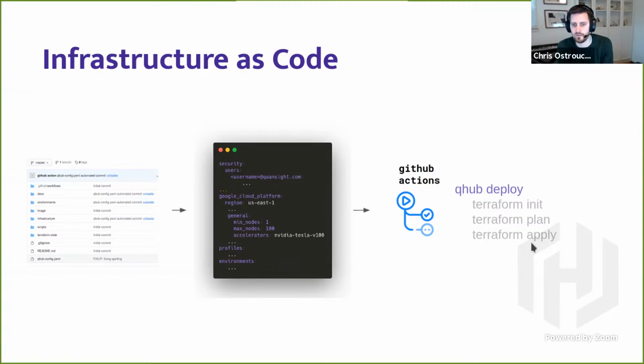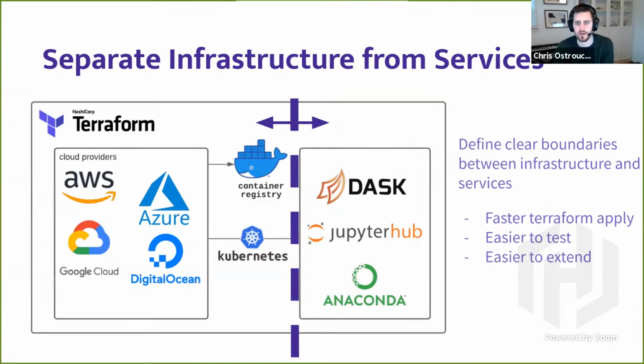And this has been really great for having maybe a 50-line configuration file that controls all of the infrastructure that they have, all the profiles that users see, all the environments that users use, and Terraform is able to manage that for us. So yeah, we're using GitHub Actions there.